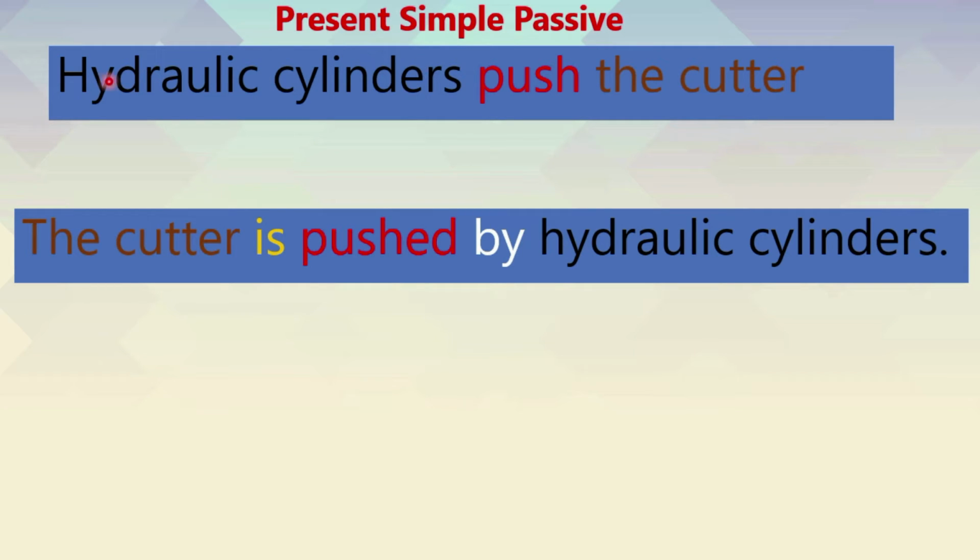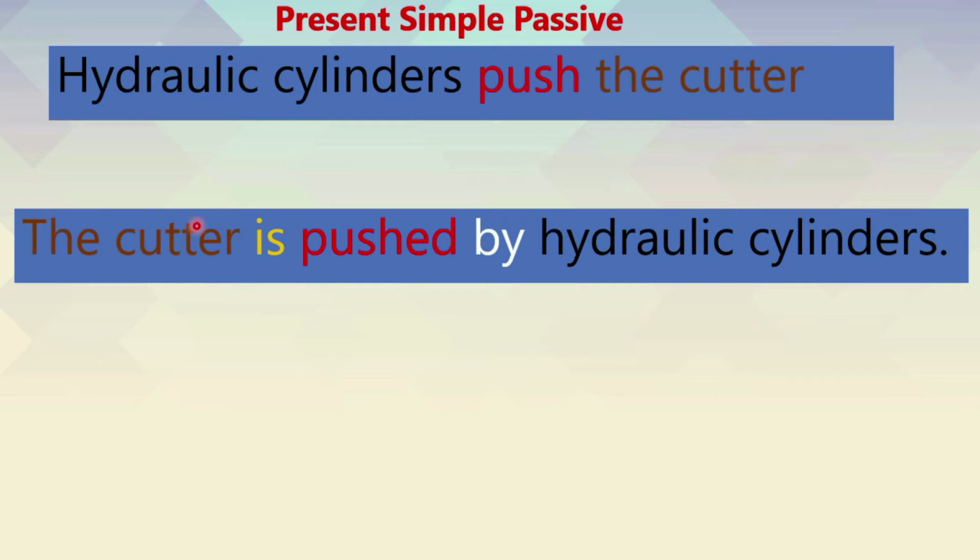Look at this sentence. Hydraulic cylinders push the cutter. This is active voice sentence. And the passive voice is the cutter is pushed by hydraulic cylinders. Now, how is the passive voice formed?